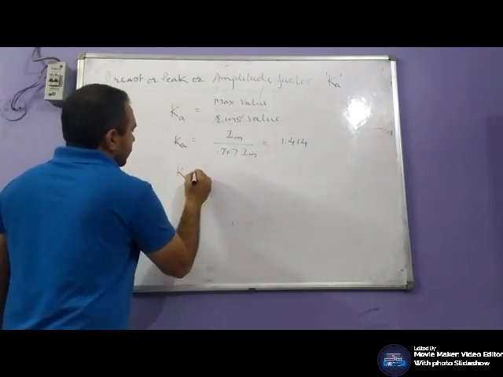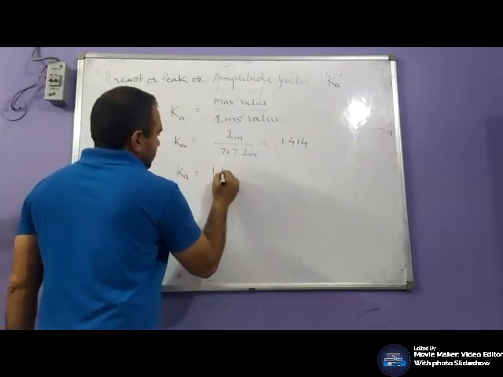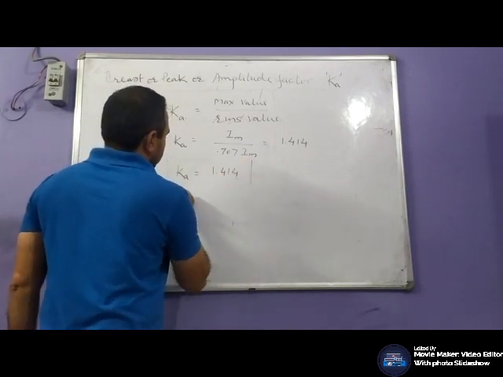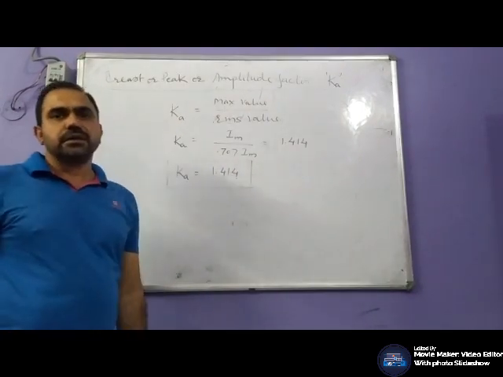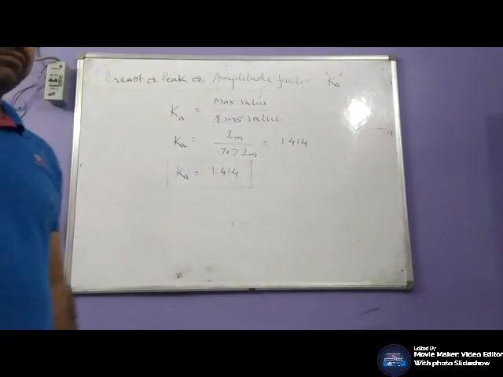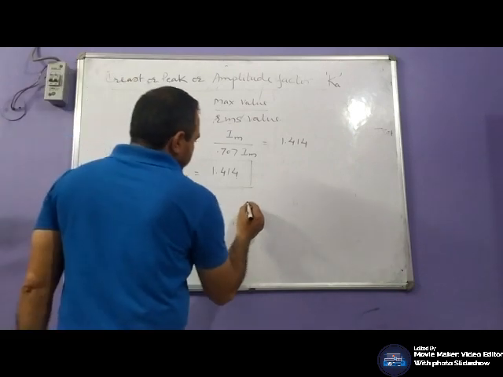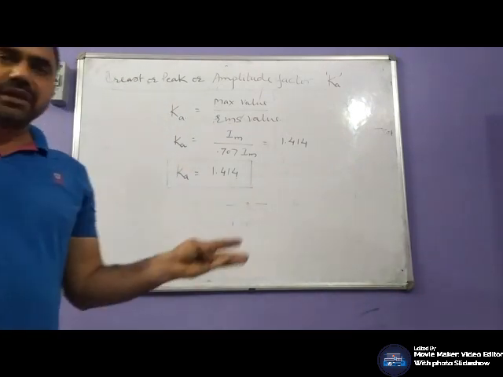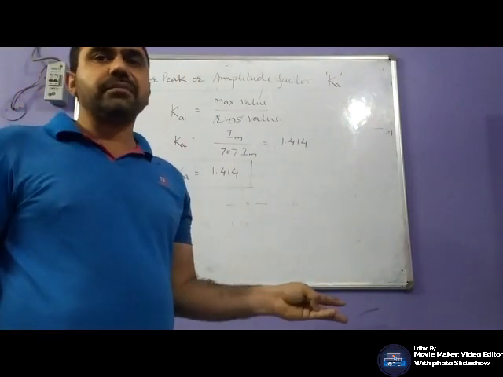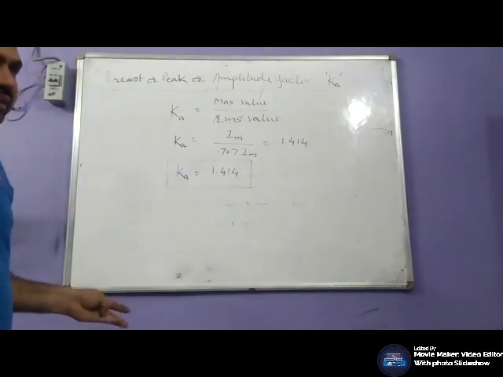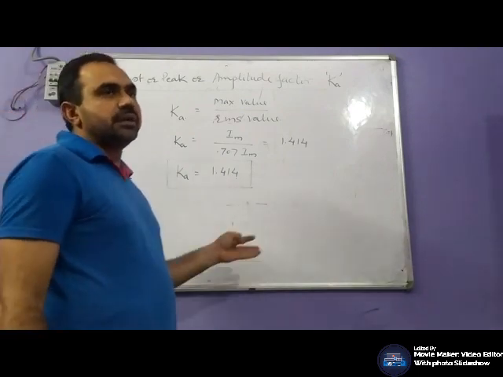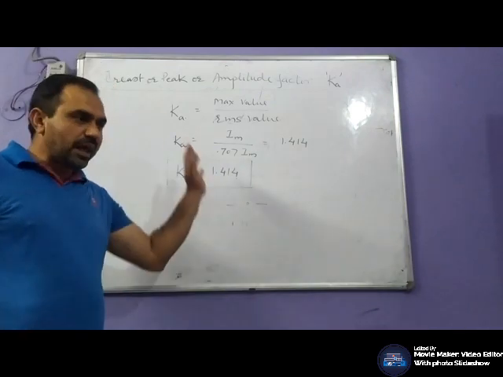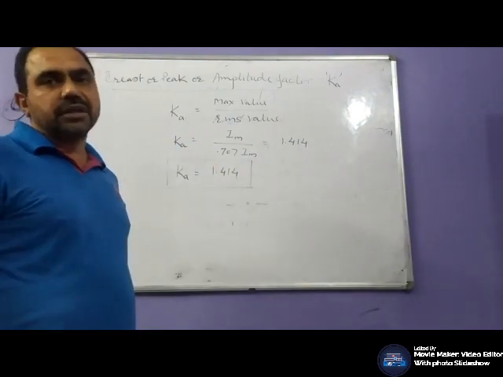So for sine wave of voltage or current, crest factor is given by 1.414. So these are the basic terms which are used in the alternating quantity. Whether we have the RMS value, the average value, the instantaneous value, the time period, the frequency, or the amplitude, all terms would be used in the alternating.